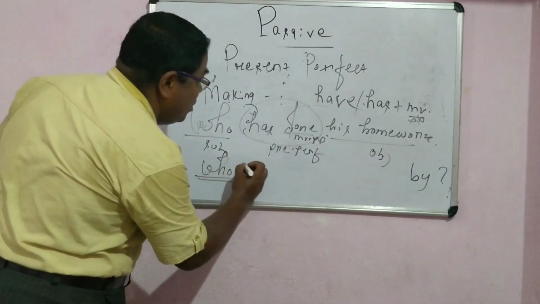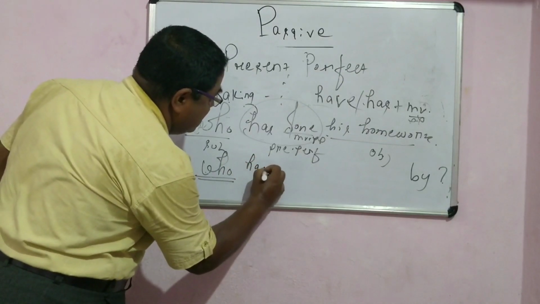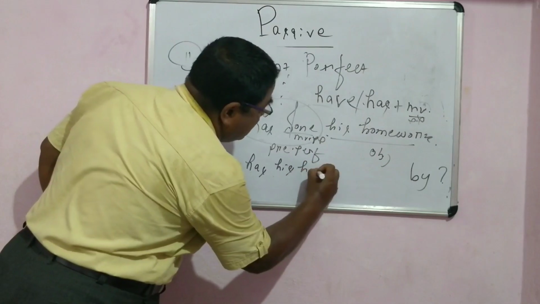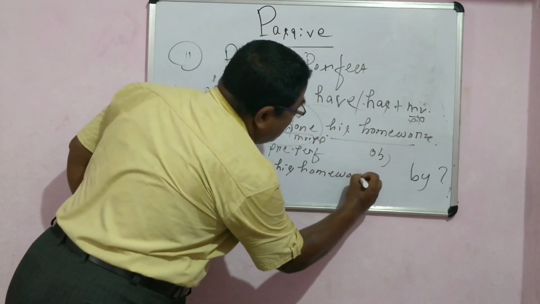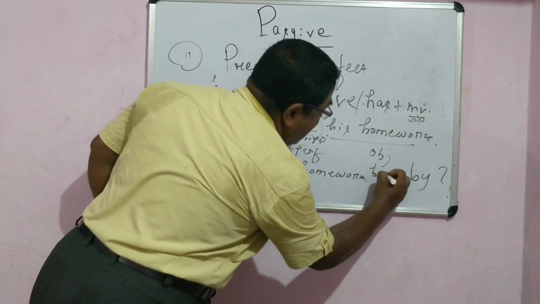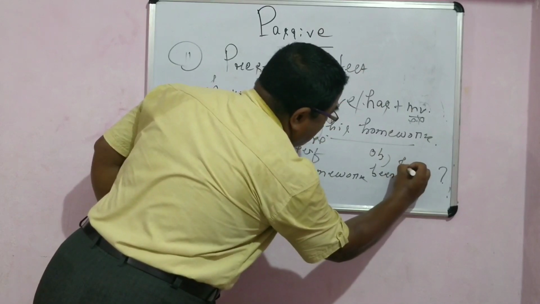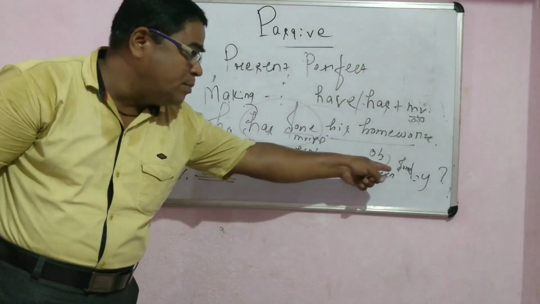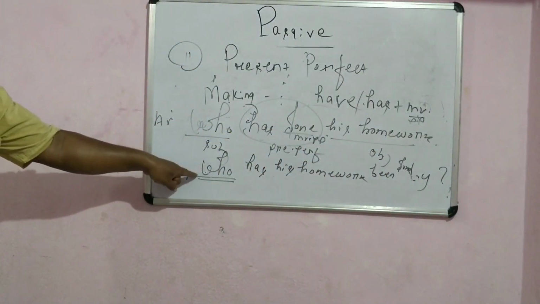That means, who has his homework been done by? Who has his homework been done by? This is called the passive.